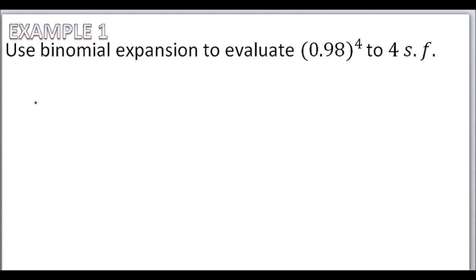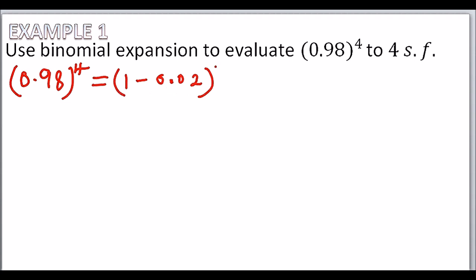In this example, we are going to use binomial expansion to evaluate 0.98 to the power 4 to 4 significant figures. So before we expand, let's write 0.98 raised to power 4 is the same as (1 minus 0.02) to the power 4.